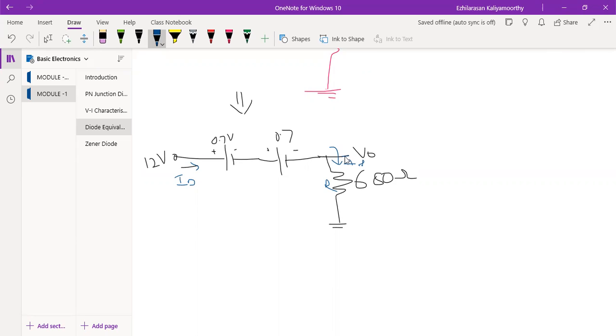V naught from this I can write as V naught is equal to applying the voltage: first 12 volt, then minus the potential difference 0.7 volt, next minus again 0.7 volt.